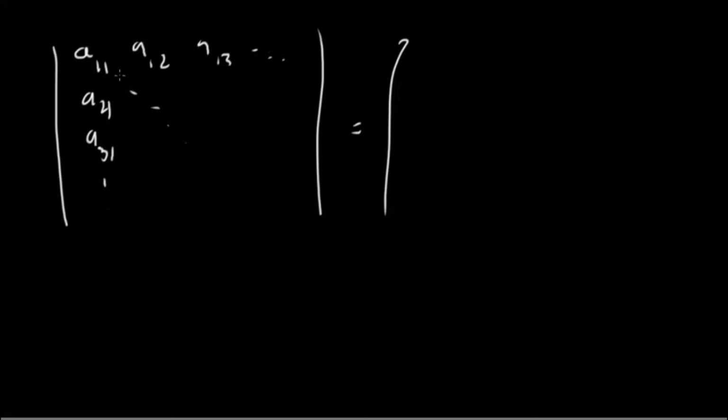What's going to happen is 1 plus 1, that's going to be 2, so that cofactor is -1 to the 1 plus 1, that's going to be a positive number. And then 1 plus 2, that's odd, that's going to be negative. 1 plus 3, that's going to be positive. So we're going to alternate back and forth.